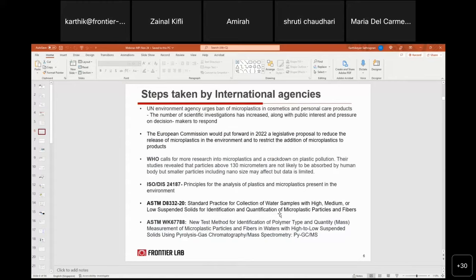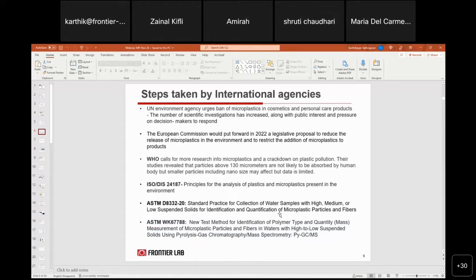International agencies are also looking into this and seeing how they can guide the community to address this problem. UN government agencies urge a ban on microplastics in cosmetics and personal care products. The reason is that the number of scientific investigations has increased along with public interest and pressure, obviously, because people make noise, so they have to address this problem.